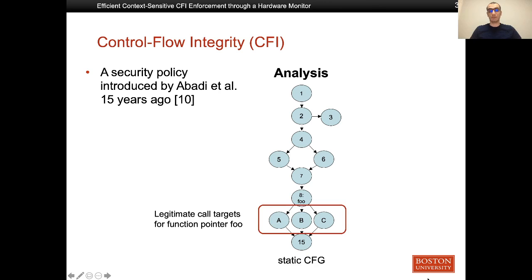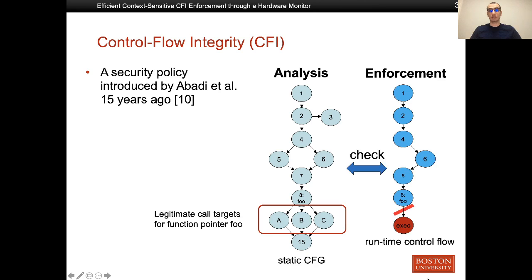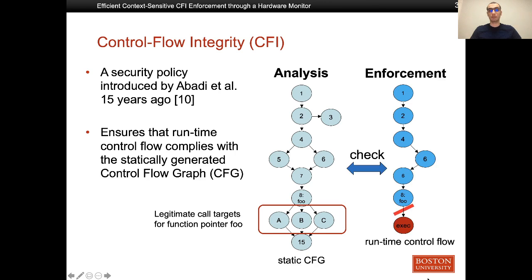For instance, in the CFG, we label each basic block with a basic block ID, and if you look at the basic block ID 8, you will see that function pointer foo has three legitimate targets, which are functions A, B, and C. The second stage of CFI is the enforcement stage, and at this stage, the CFI mechanism collects the runtime control flow of the program and ensures that it complies with the statically generated CFG.